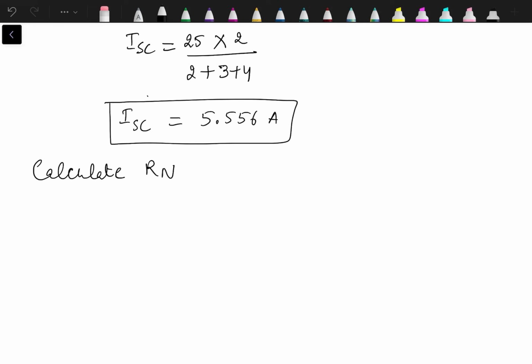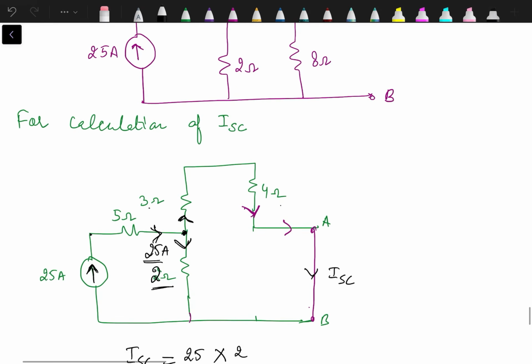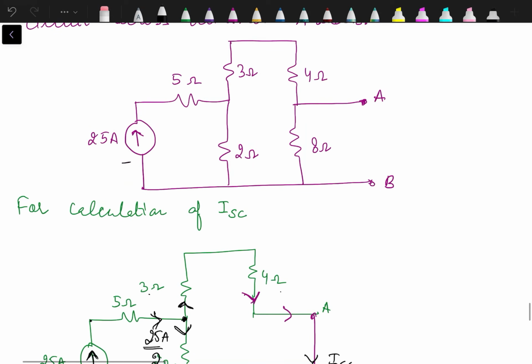Next step is we need to calculate Norton resistance. Now for calculating Norton resistance, the current source is replaced by open circuit.